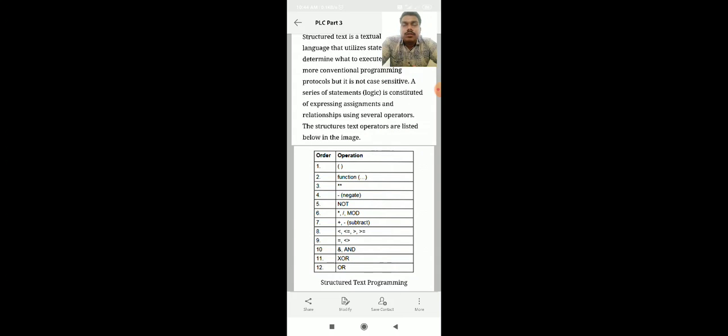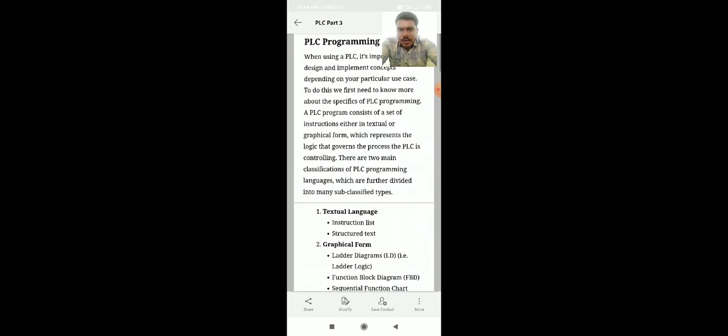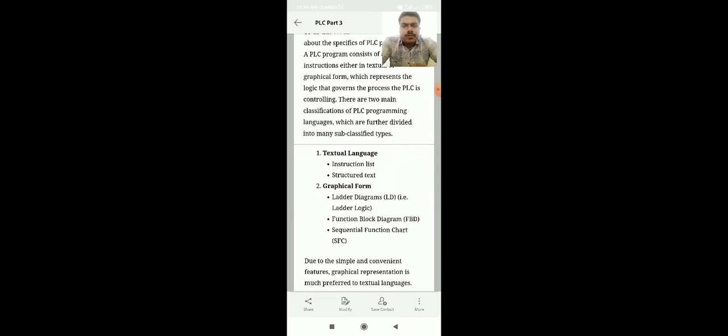So far we have discussed three programming techniques, and why programming is used. The first is the textual language, and then the graphical form. In graphical form we have discussed the ladder diagram, then FBD. The sequential functional chart we will discuss in future videos.